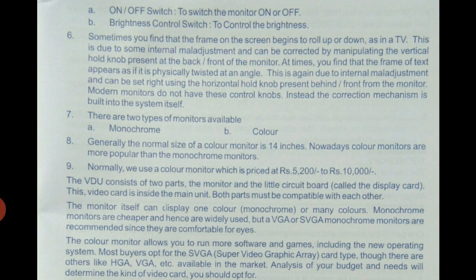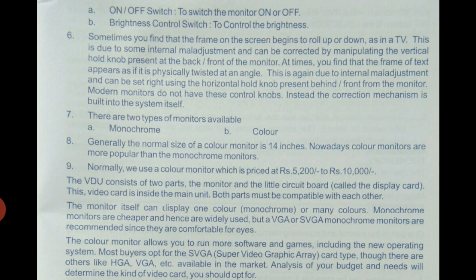Now whenever we think about the video, that is visual display unit, that is monitor, then it has two parts: the monitor and the little circuit board. The monitor itself can display one color, that is monochrome, or many colors.